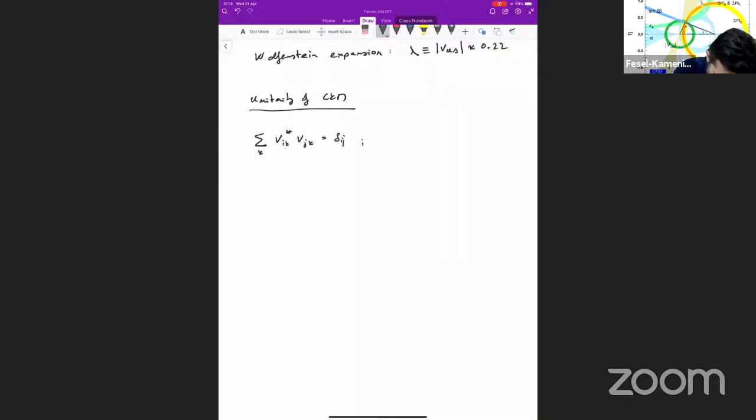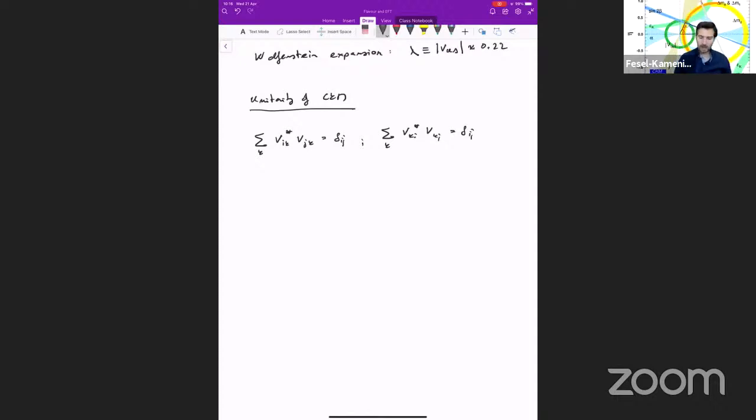And similarly, so this is summation over columns, and then we have summation over rows: the sum over k of V_ki star V_kj equals delta_ij. This is nothing else but writing out the unitarity condition of the CKM element by element of the unit matrix.